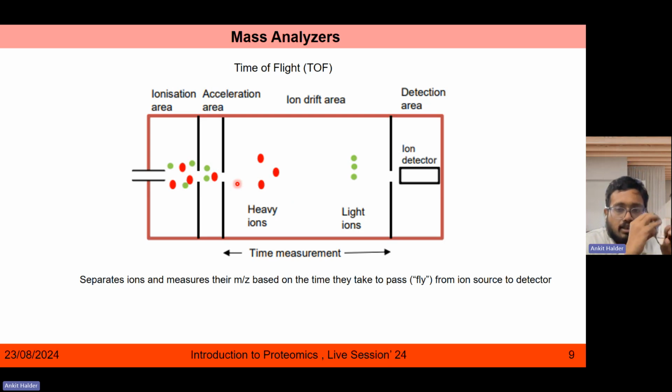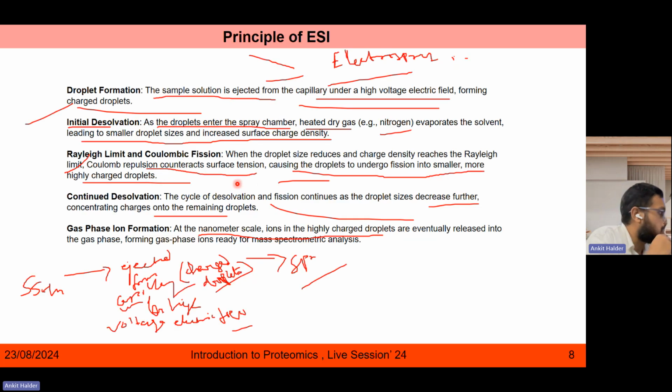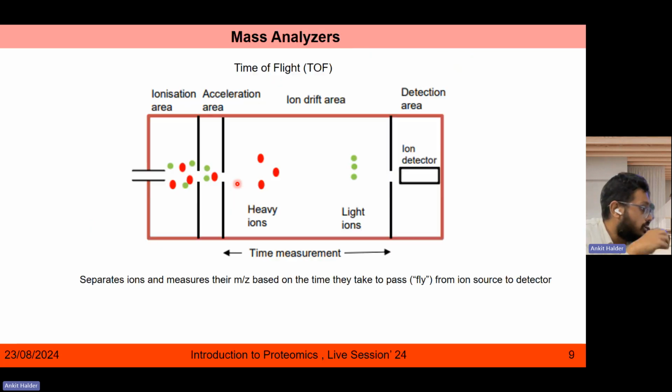Once our ions are ready after the continued fission, as we have said, the highly charged droplets are eventually released into the gas phase, ready for mass spectrometry analysis. Then come the mass analyzers, which basically have the detectors.